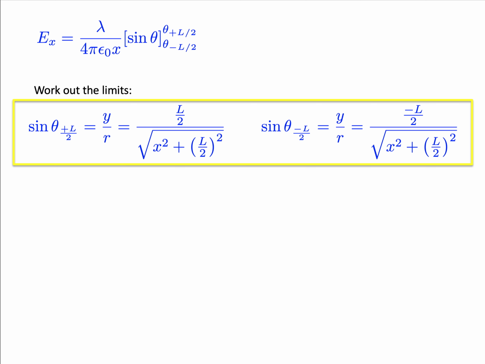Putting these into our equation for Ex gives a final answer for the electric field at point P due to the charge wire as this.